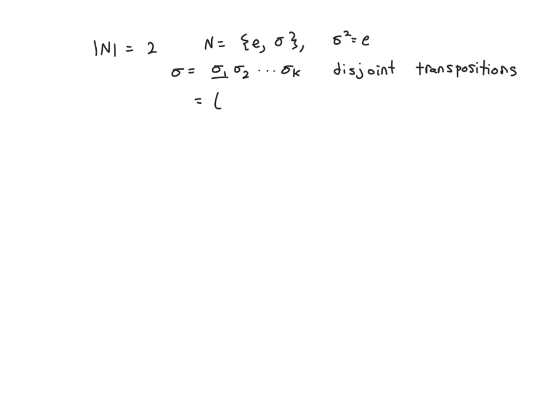Just take whatever's in sigma, (a1 a2). Now just conjugate by any permutation so that you end up with (a1 a3) times the rest. We know that should be possible. And while that's going to give you a new permutation of order 2, it's not sigma because it's got a different 2-cycle. And it's not the identity. So in particular, it's not an element in this subgroup. Hence, N is not normal.